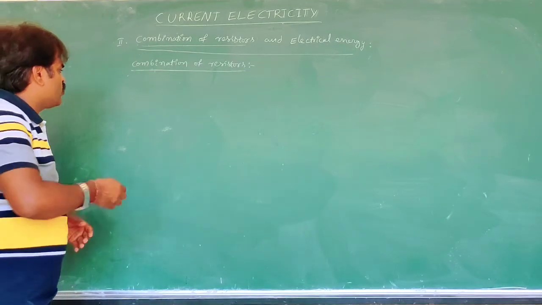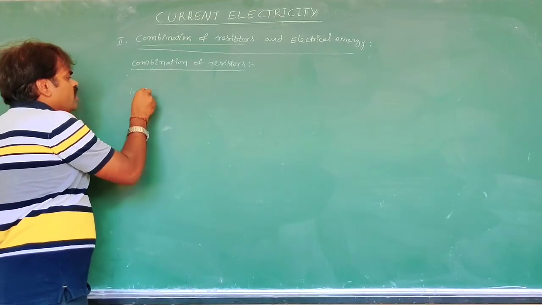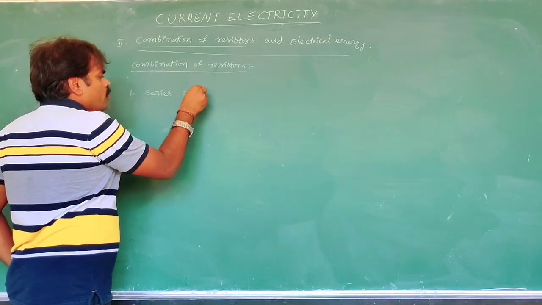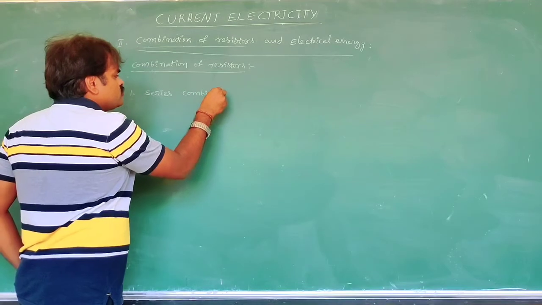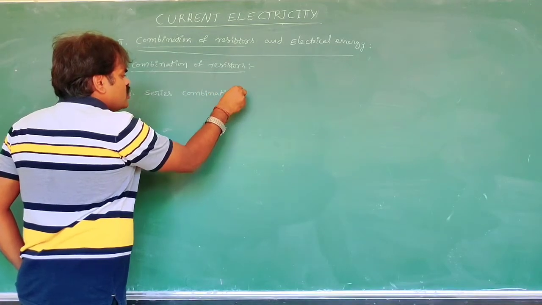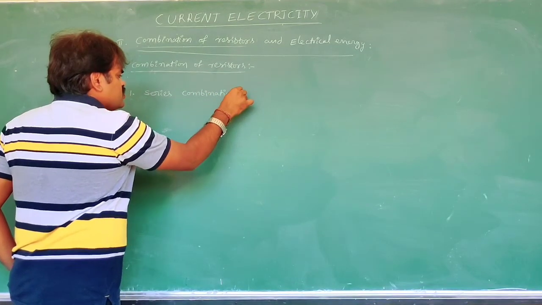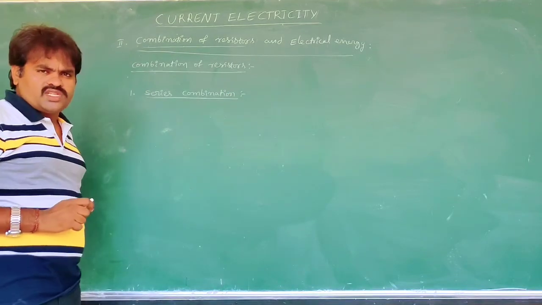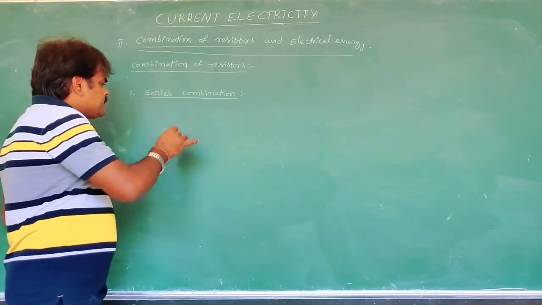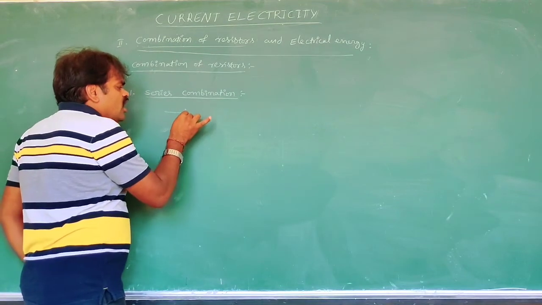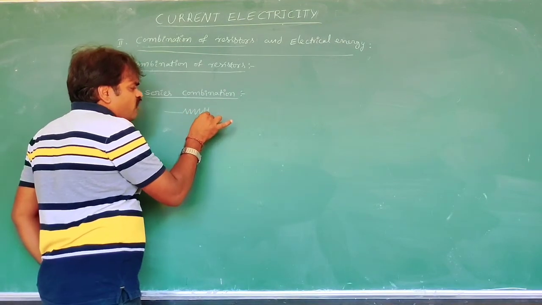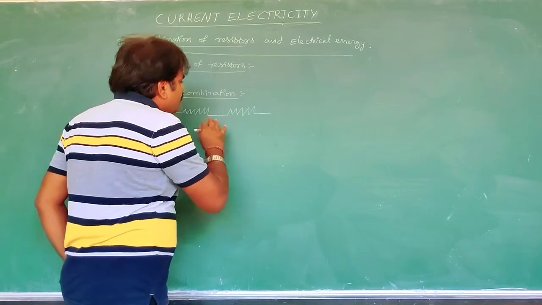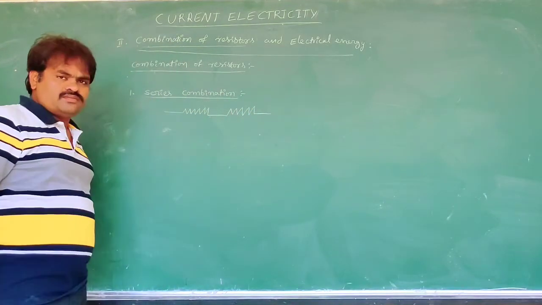The first one is series combination of resistors. What is series combination of resistors? That is, resistors connected end-to-end is a series combination.